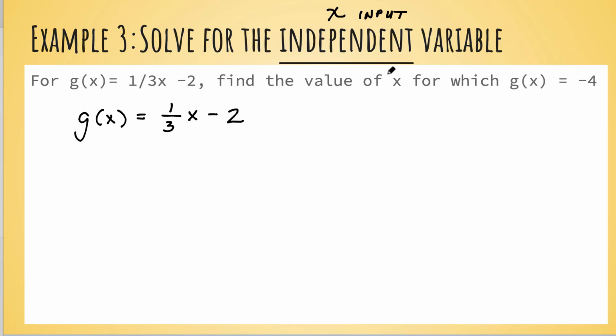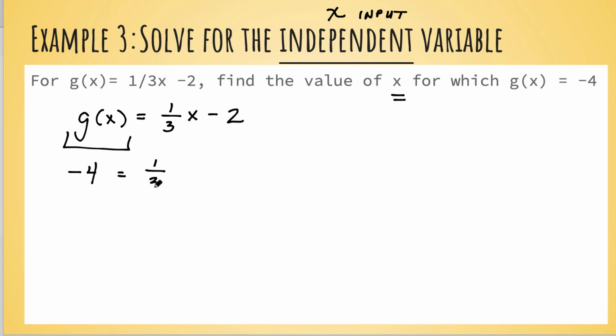And we want to find the value for x that's going to give us the function g of x equal to -4. So there's some x value we can plug in here, or substitute in, that will make this whole g of x become -4. So really we're solving for our independent variable or our input.